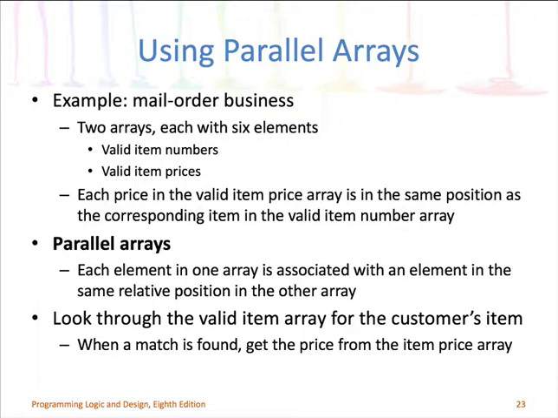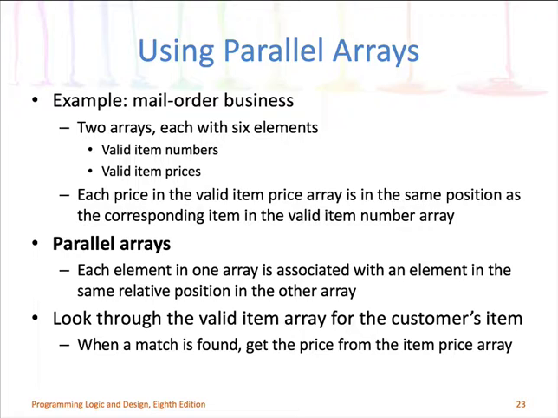In the example here, they say let's keep 2 arrays. Let's let them each have 6 elements. The first element is going to have valid item numbers, and then matched up with that, the second array is going to have item prices. The very important thing here is location 0, part number, its price needs to be in location 0 of the price array.